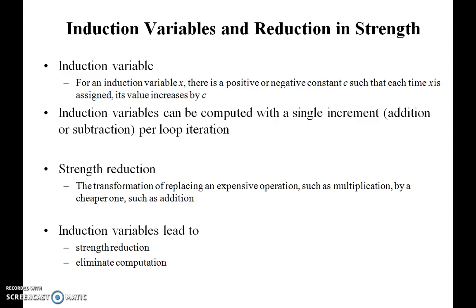Instead of 5 square, we may put 5 into 5, that is also 25. But instead of the exponential operator, if we use the multiplication operator without affecting the meaning of the program, that is called strength reduction. This technique is also very useful during compilation in code optimization.